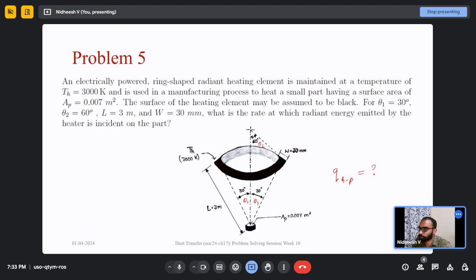Is there some confusion in the problem statement? Shall I proceed, or is something unclear?